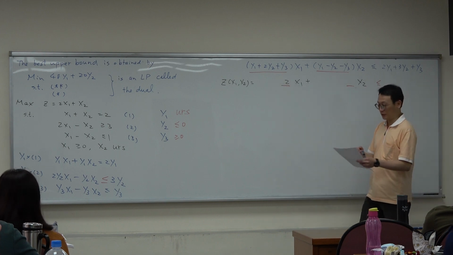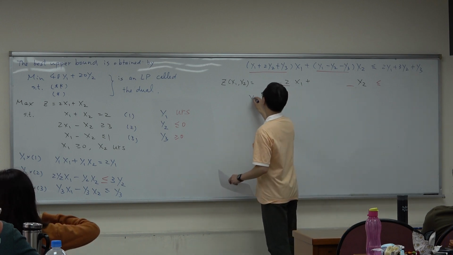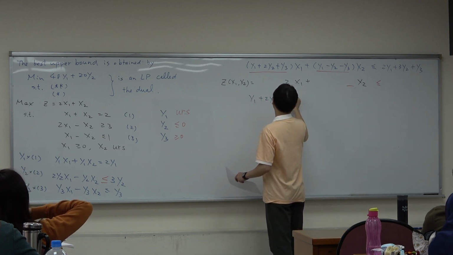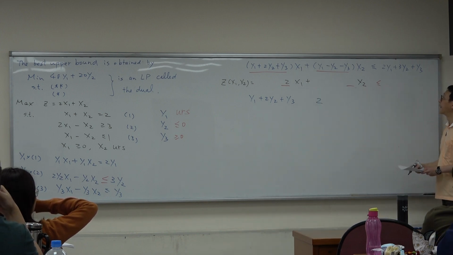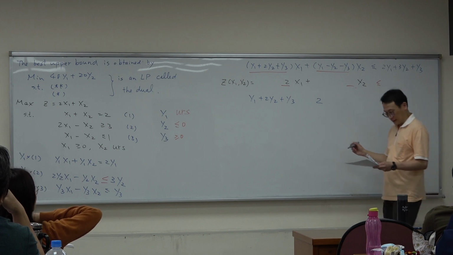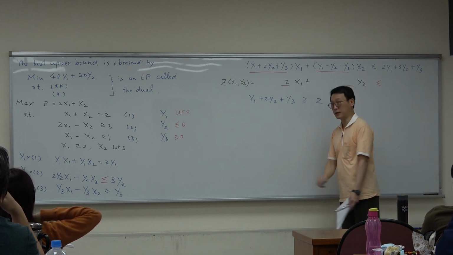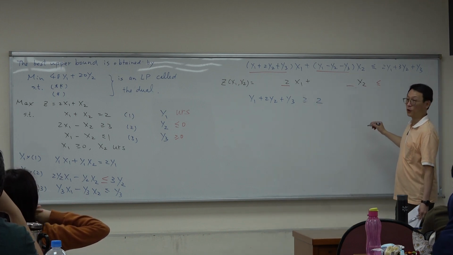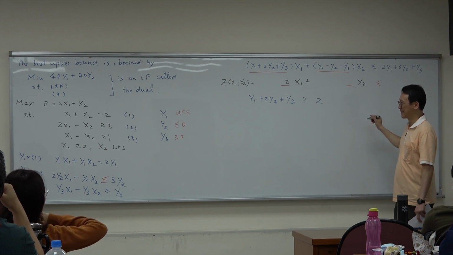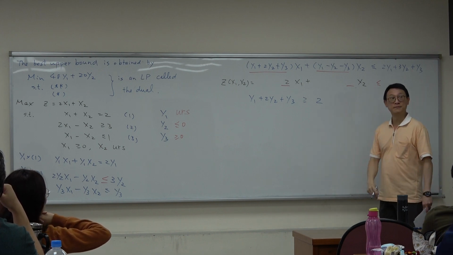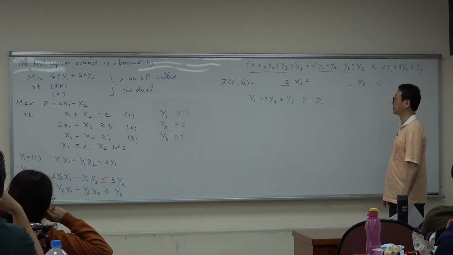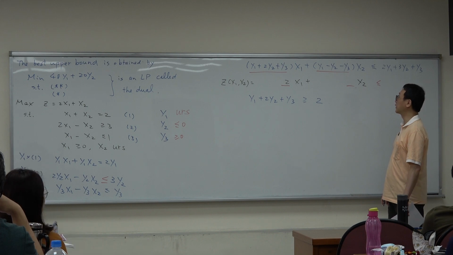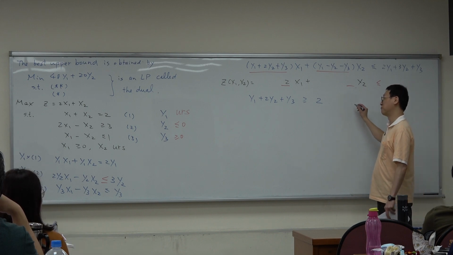What's the relation between y1 minus y2 plus y3 and 2? Greater than or equal to 2. Why? Because they can eliminate x1. You can divide by x1, and x1 is greater than 0.